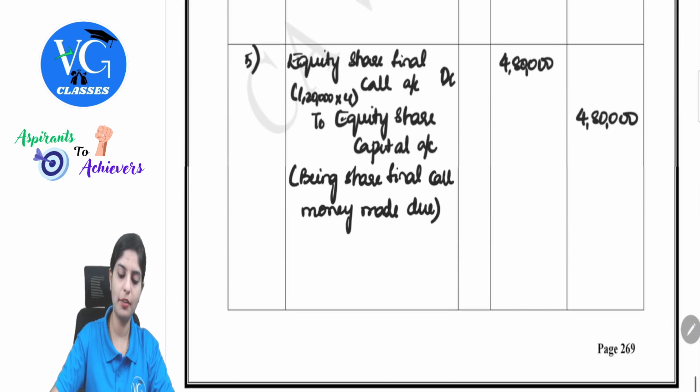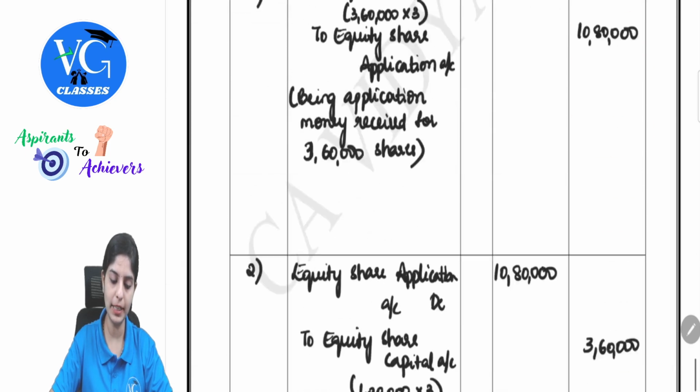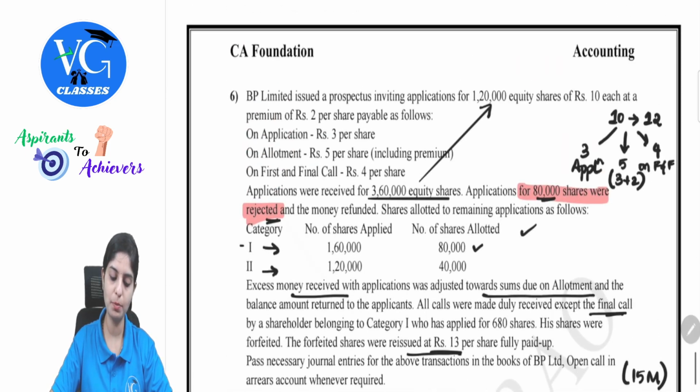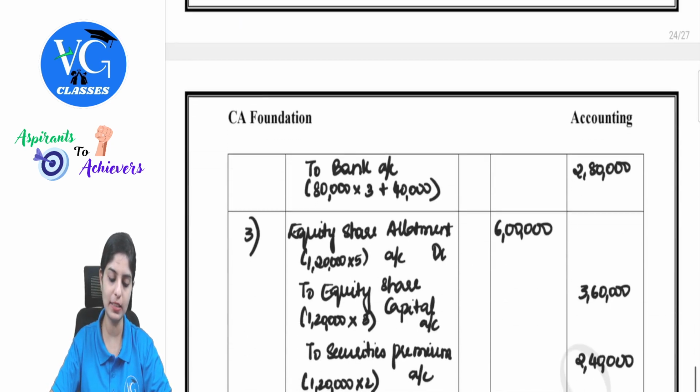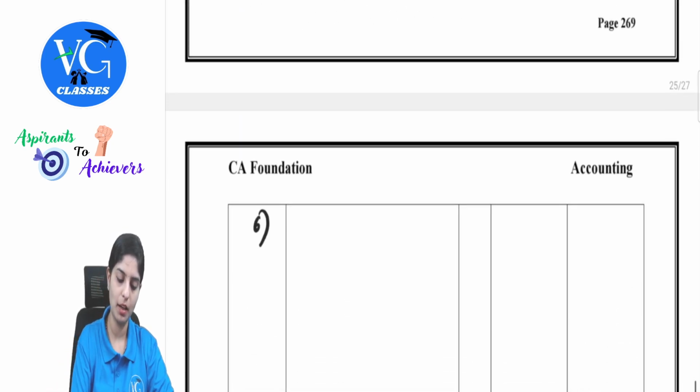Next point. Now we have to receive the call money, but there is a shareholder who is belonging to category 1, applied for 680 shares. He is not paying the final call money. So first we will record for the balance receipt of call money.